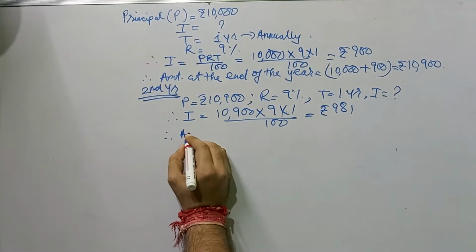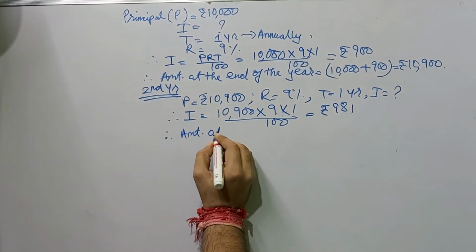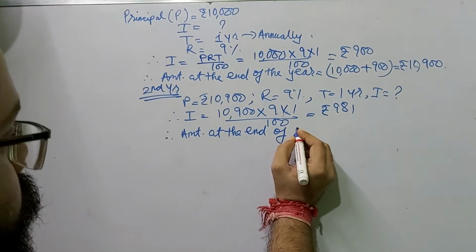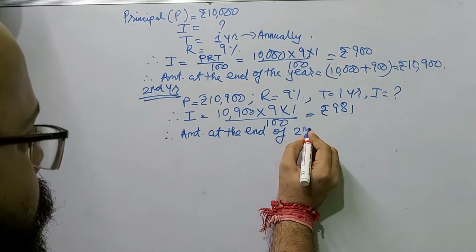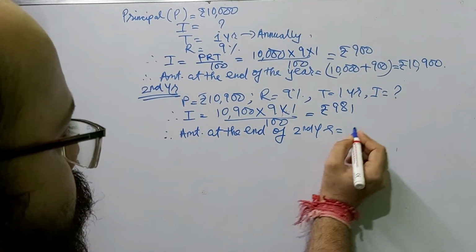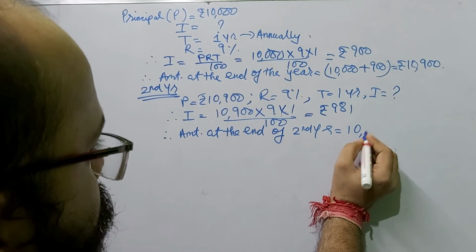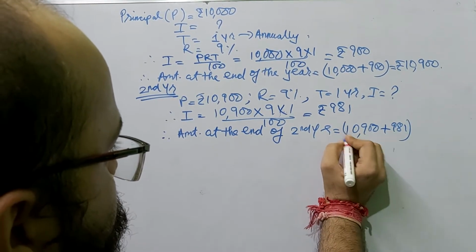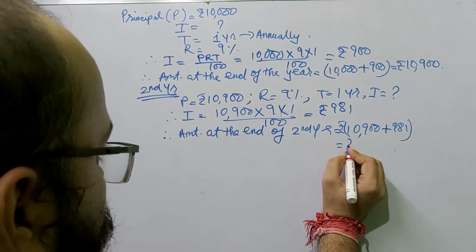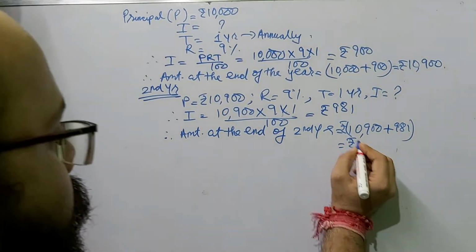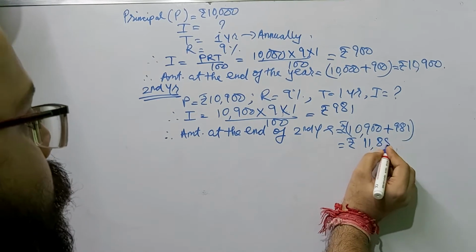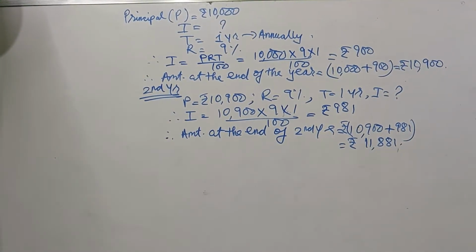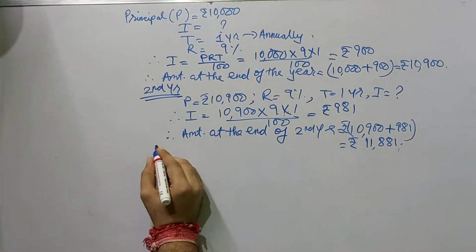Therefore the amount at the end of the second year will be 10,900 plus 981, all in rupees. So the amount will be 11,881.